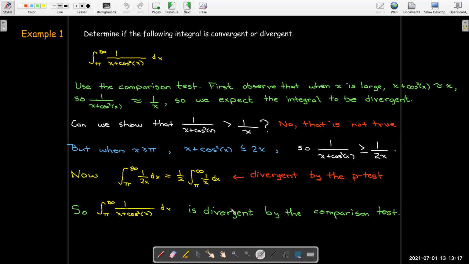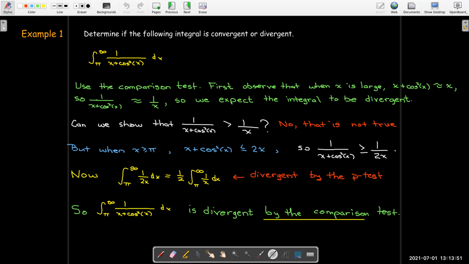So now we can say because of this inequality, and because the small function leads to a divergent integral, then the big one has to be divergent as well by the comparison test.